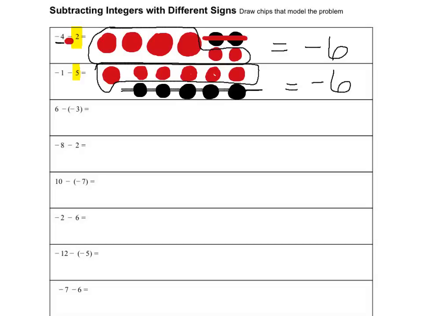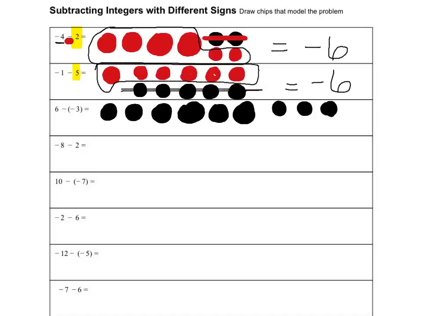Alright, in the next one I have a 6, so that's positive, so I need to start with 6 black chips. And I need to be able to take away 3 negatives, which means I don't have red, so I need to add 3 sets of opposites, so I actually am not changing the original value.